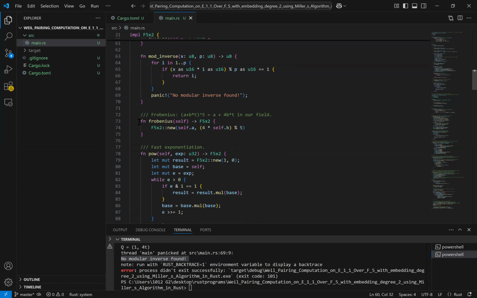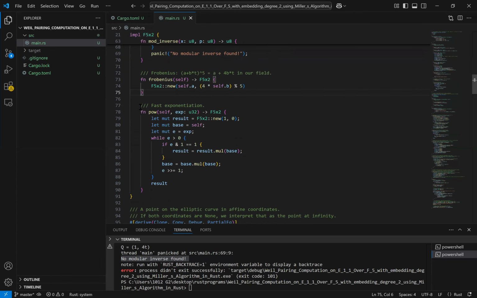We have talked about the Frobenius endomorphism, and it's here. This is just the normal exponentiation, the fast powering algorithm. So if you have 10 raised to a value, how do you do it faster? This is the fast powering algorithm.